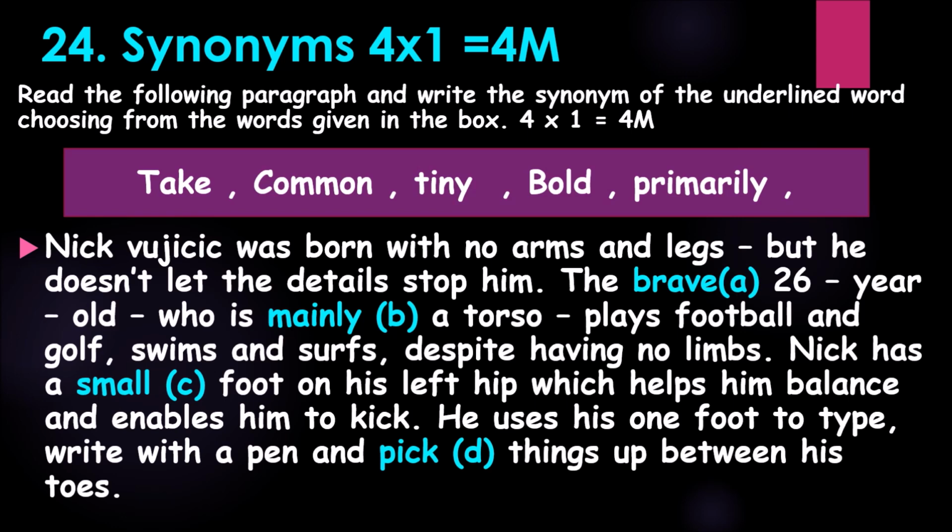Now you have read the paragraph. What you have to do is try to understand the words and the meanings. So now you have to choose the correct synonym against the word, and I'm sure you can do it well because this is from our first lesson only. Let's check now.